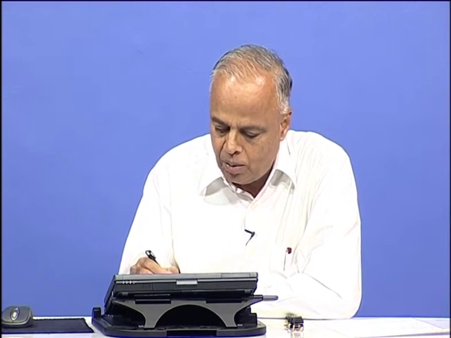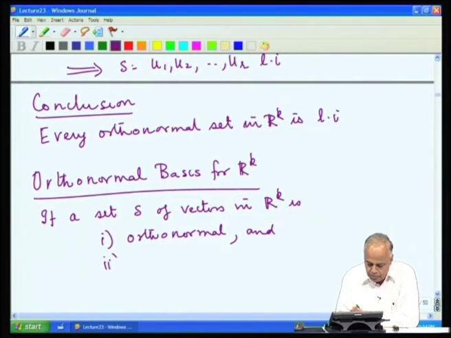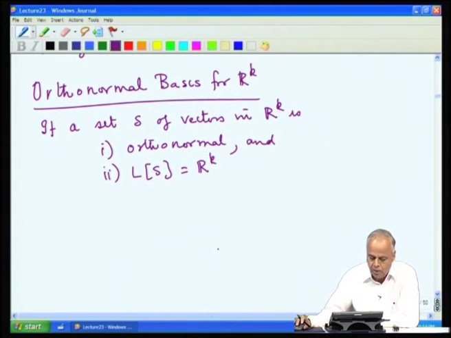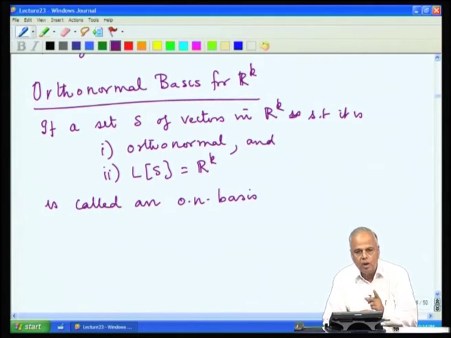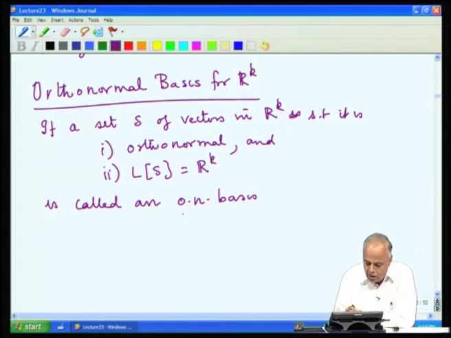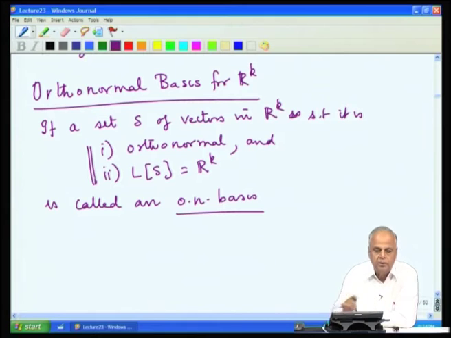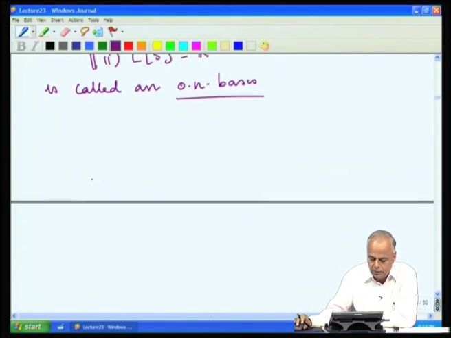So we want it orthonormal and the span of S is R k. Such a set of vectors in R k is called an orthonormal basis. So a set is an orthonormal basis if it is orthonormal and it is a spanning set. These are the two things required.